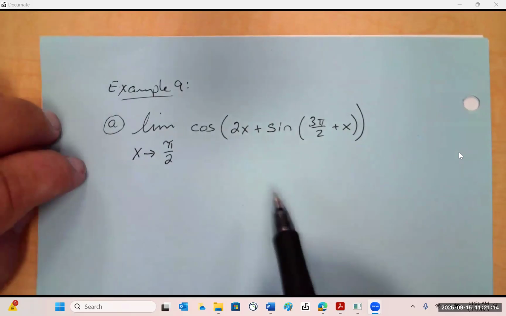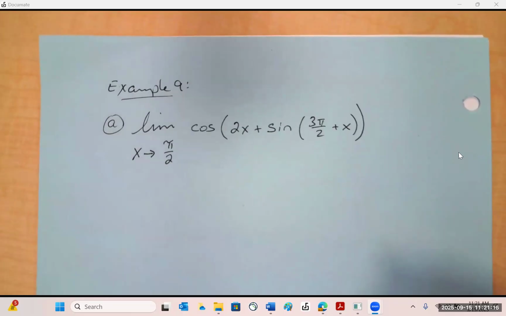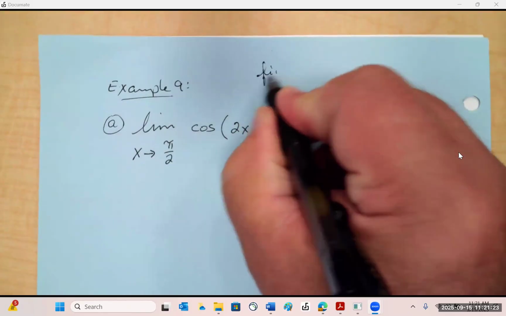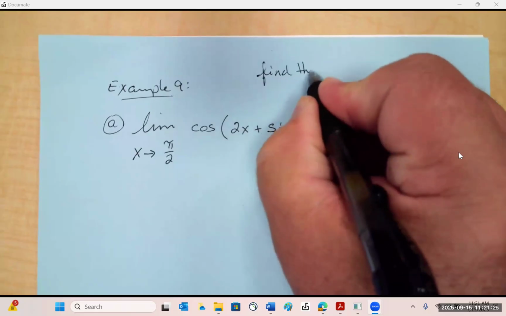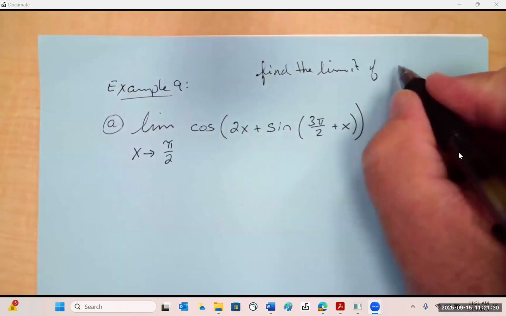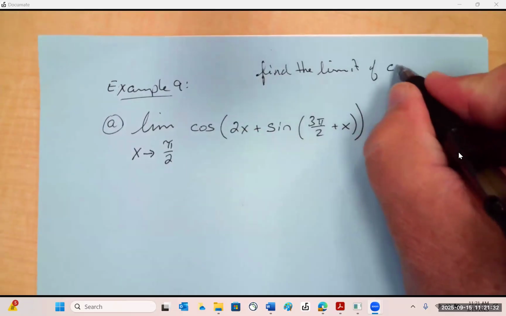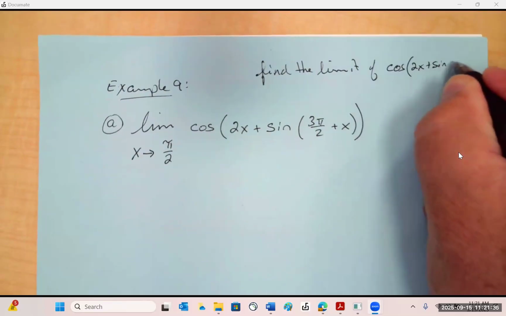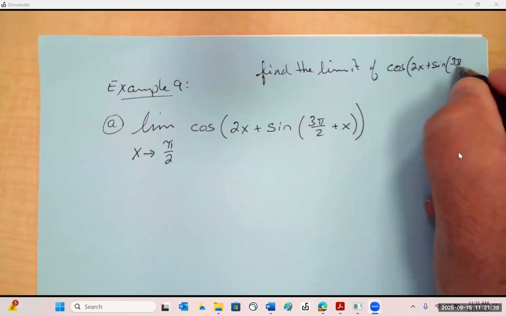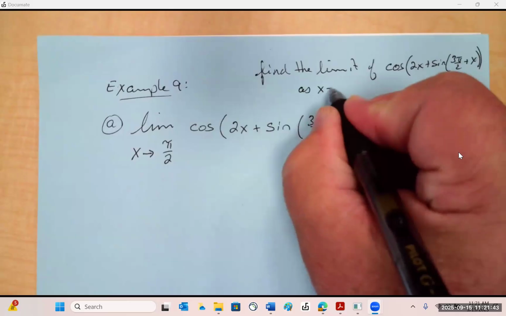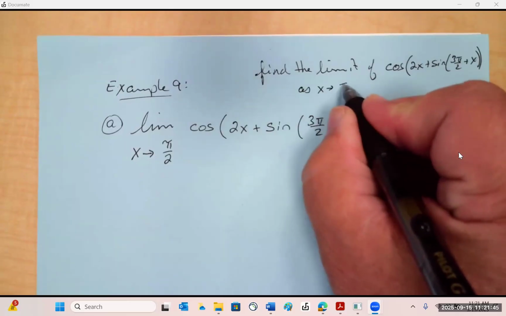It gave you the limit set up already. This is how it would be on a test question. Find the limit of cosine 2x plus sine 3 pi over 2 plus x as x approaches pi over 2.